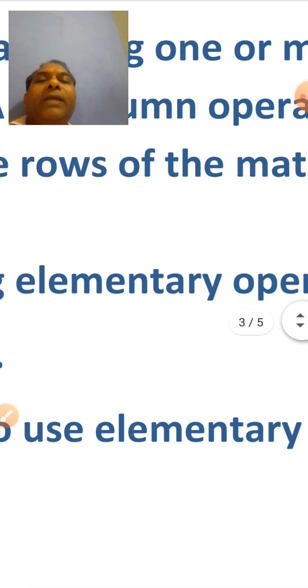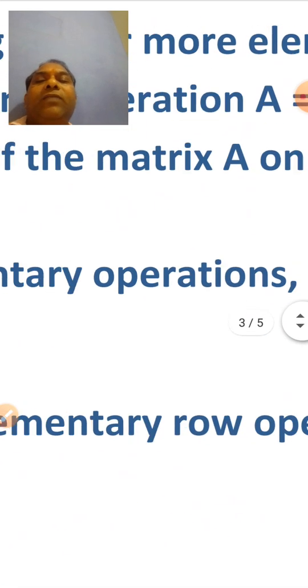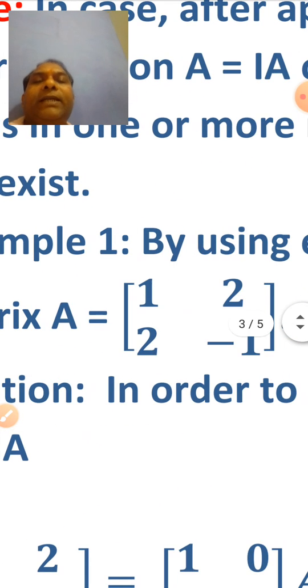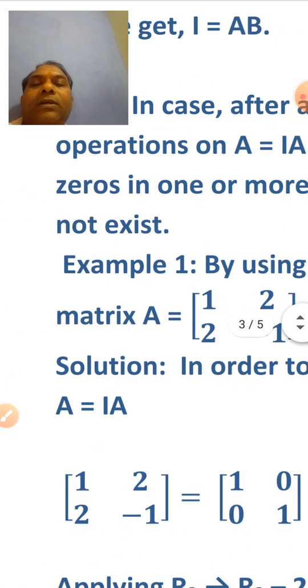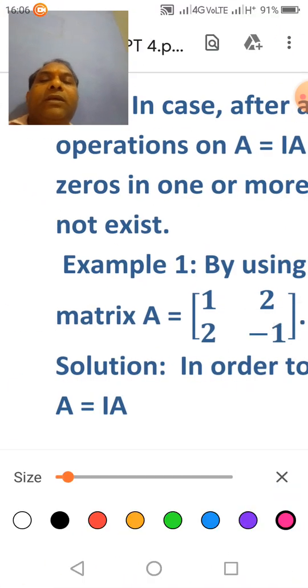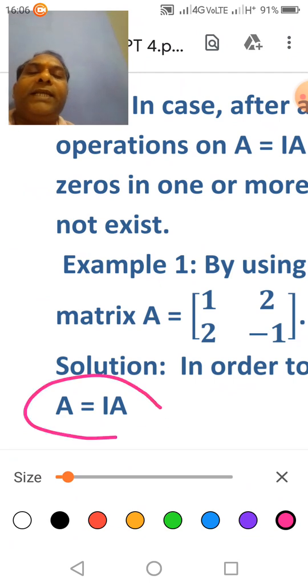By using elementary operation, find the inverse of the given matrix. So, matrix A is given. So, suppose here we use row elementary operation. So, in case of row elementary operation, we have to write A is equal to I into A. Clear?